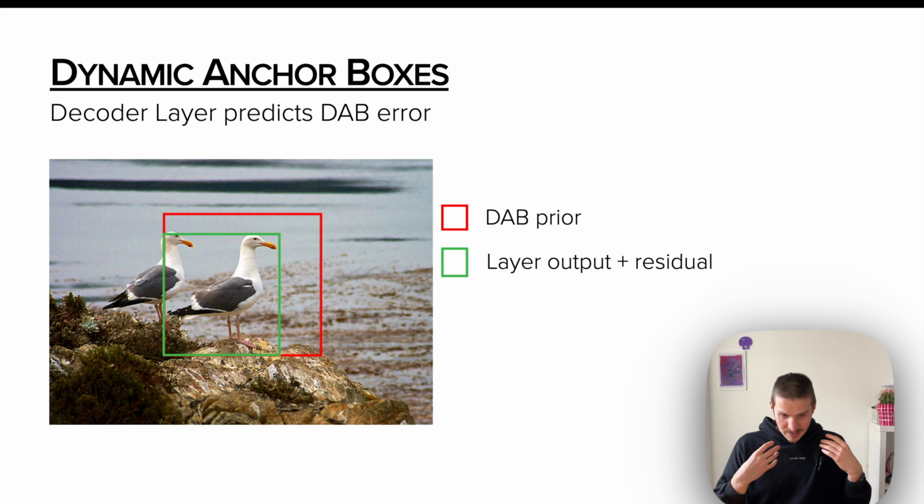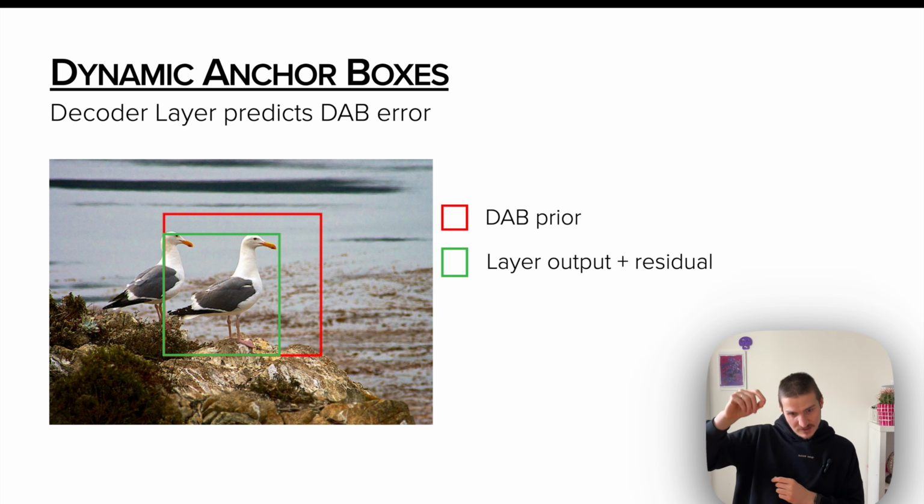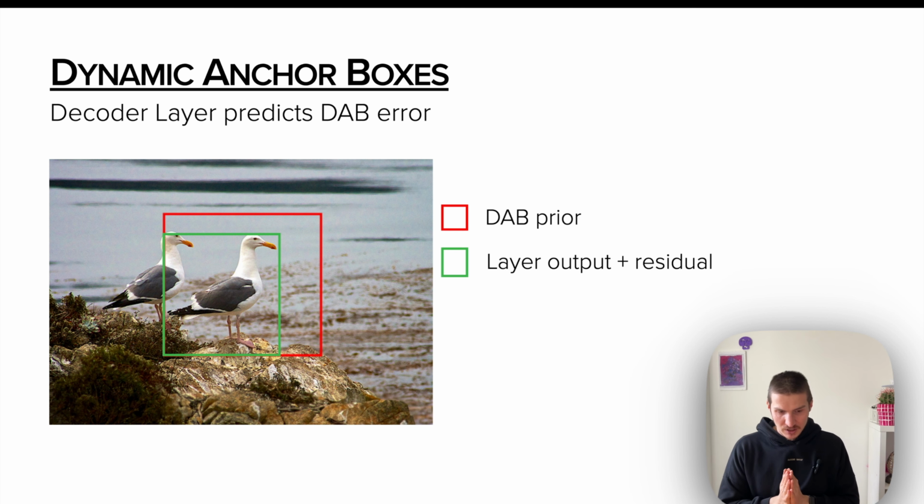And so the next layer, because of this sum, because of the residual connection, instead of predicting just 4 bounding box coordinates from scratch, will try to predict the error. The first decoder layer will focus on saying that, actually, it doesn't look exactly square, maybe we'll need to reduce the size a little bit and move it slightly to the left, and then it will be a better match for the object.